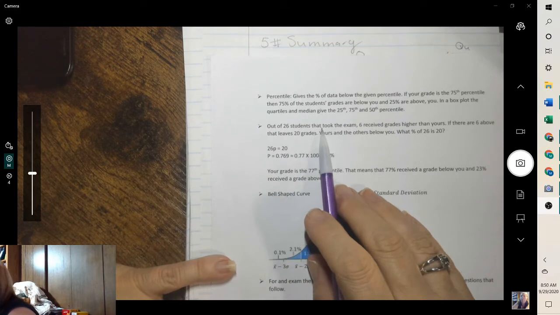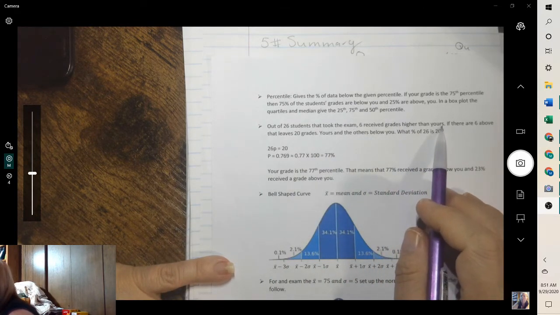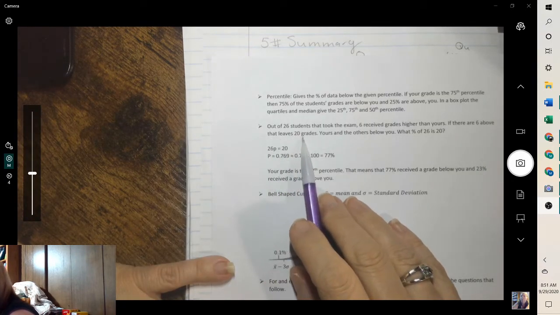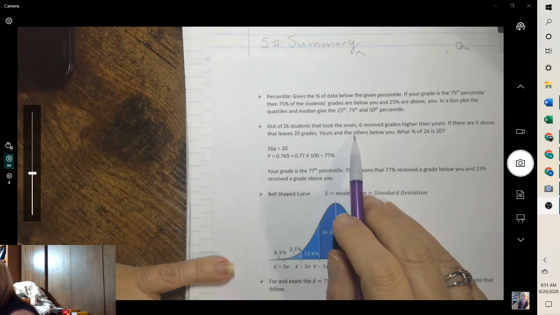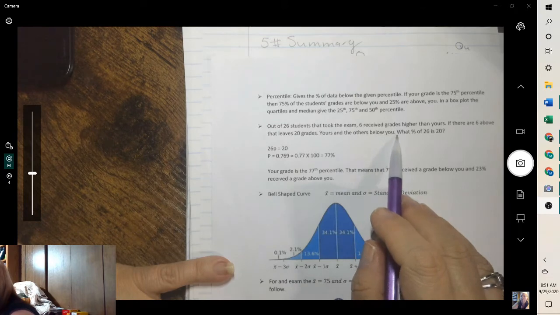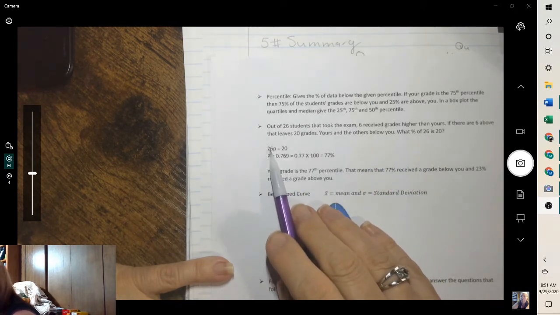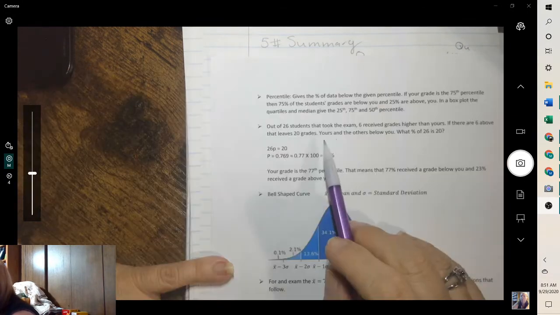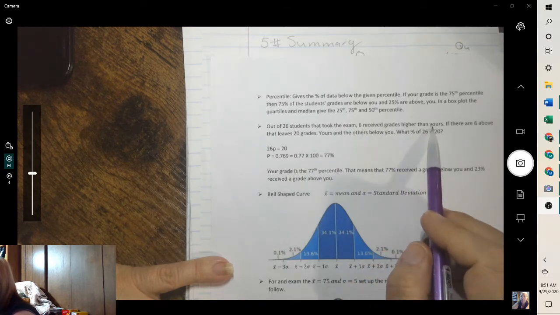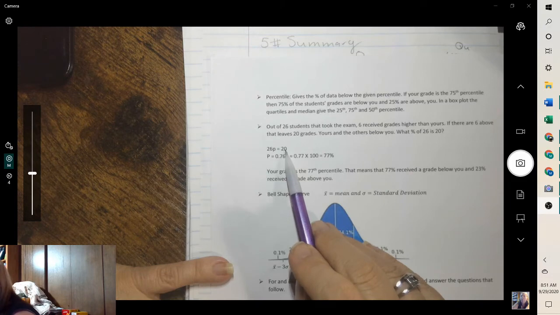Out of 26 students that took the exam, 6 received grades higher than yours. If there are 6 above, that leaves 20 below. To find your percentile, you include you in this value.